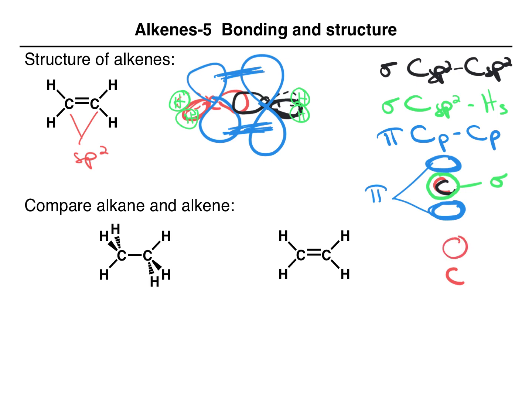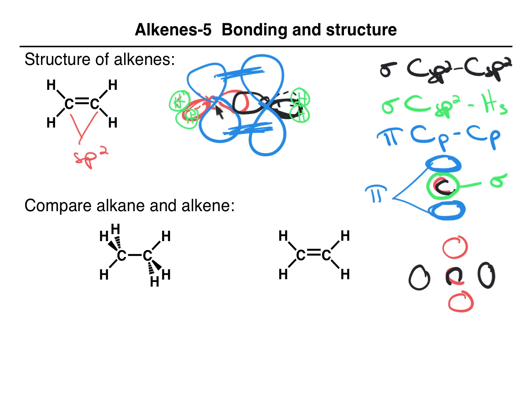So let's say this is the electron cloud from the p orbitals corresponding to our original red carbon. Now, if we rotated the other carbon so that it's now facing this way, those p orbitals are going to look like this. So this p orbital is no longer perpendicular to this p orbital, so we would have to break a pi bond to be able to rotate around this bond.